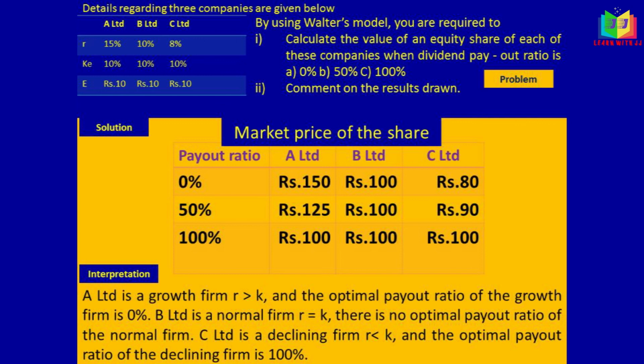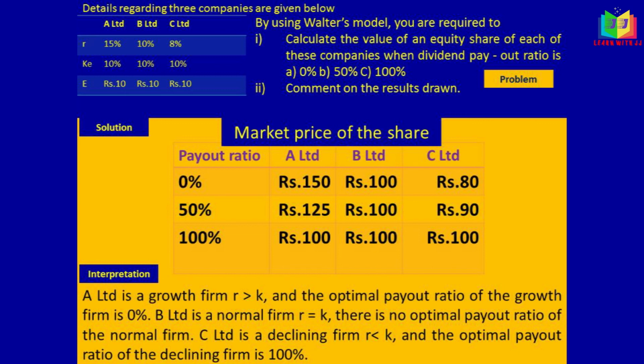C Limited is a declining firm, because R is lesser than K, and the optimum payout for a declining firm is 100%. We know this already, and we can check it here.